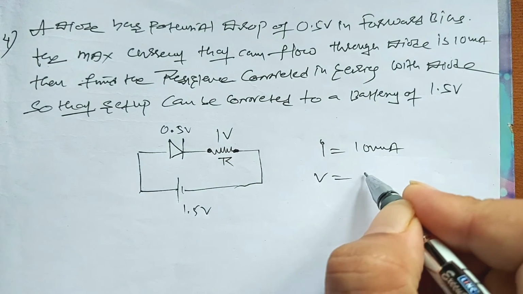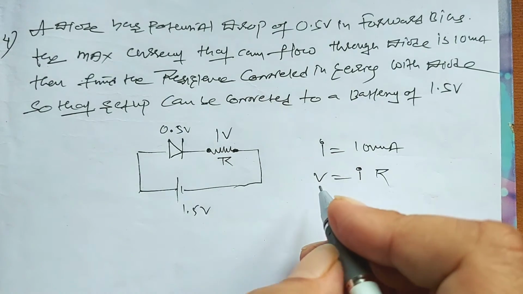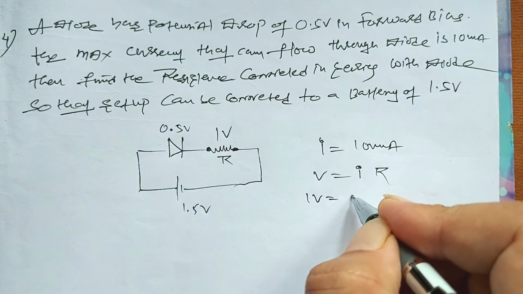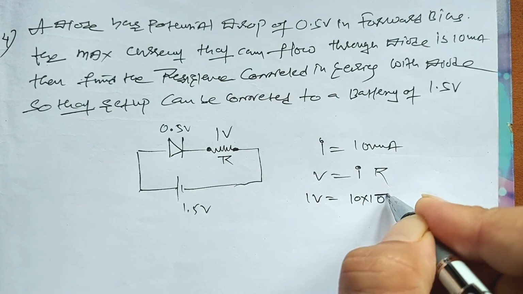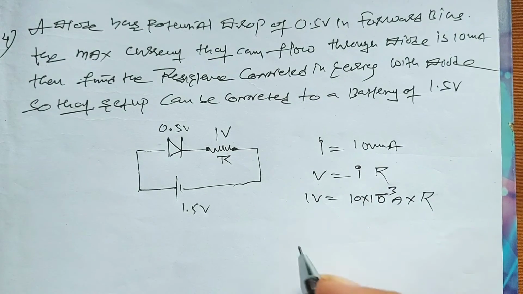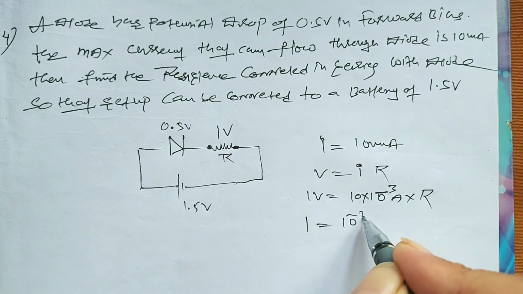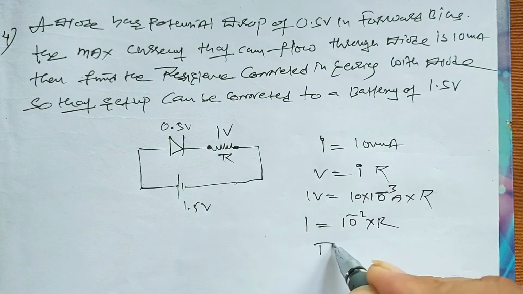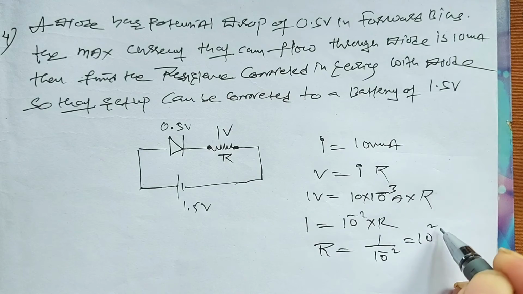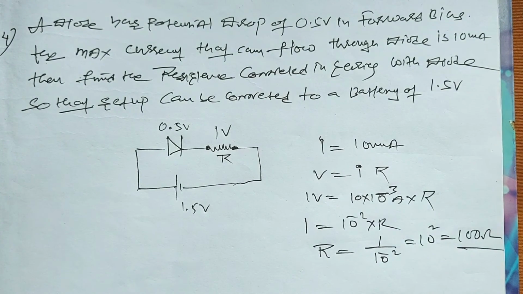So V is equal to I into R. V means how much voltage? 1 volt is equal to 10 into 10 to the power of minus 3 amperes into R. So 1 is equal to 10 to the power of minus 2 into R. So R is equal to 1 by 10 to the power of minus 2, that is equal to 10 square, that is equal to 100 ohms.